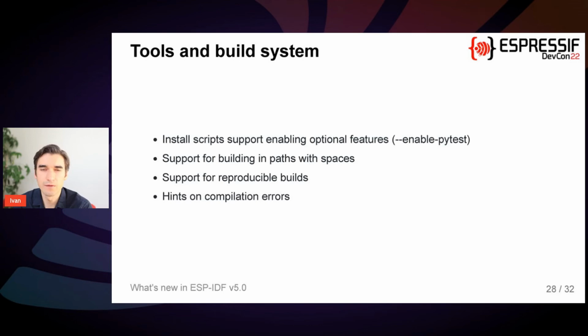Let's say you include esp_timer.h in your program, but if the component doesn't have a dependency on the esp_timer component, then the compiler will not be able to find this header file. In this case, the compiler will just say that the header file is not found.